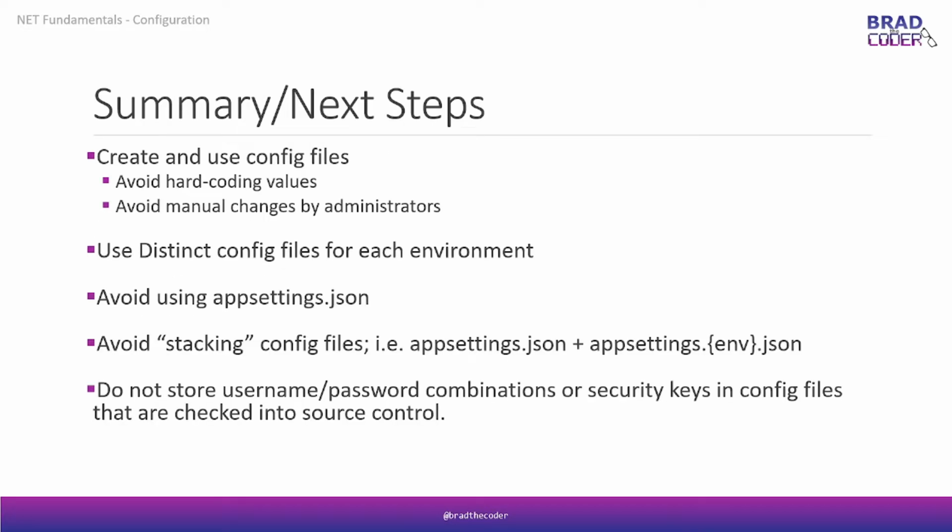So I think it's very important just to understand that we want to use configuration files. You don't want to hard code values, and you don't want to have administrators changing values per environment. It also makes it very simple if you decide to use configuration files per environment, a distinct one. And what I mean by that is, I've had some people who, that's why, again, I say don't use appsettings.json, is because people will try to stack those in various ways.